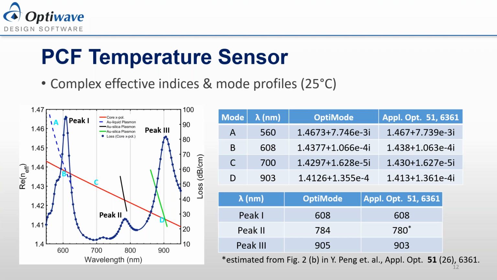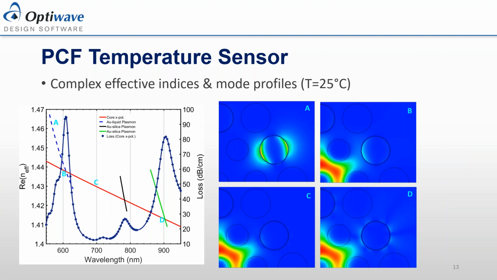Now the question becomes, how do we go about using this as a temperature sensor? I got ahead of myself here. I do want to show the modes at the different locations. In this figure on the top left, we have the plasmonic mode that exists between the silica and the fluid.